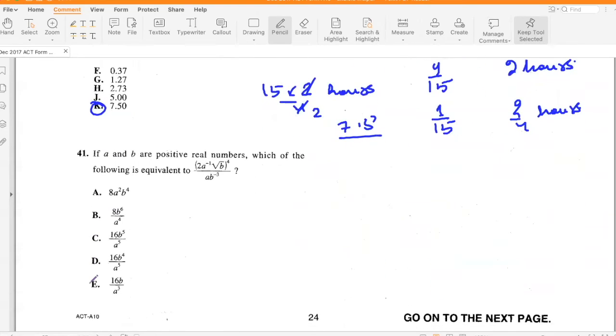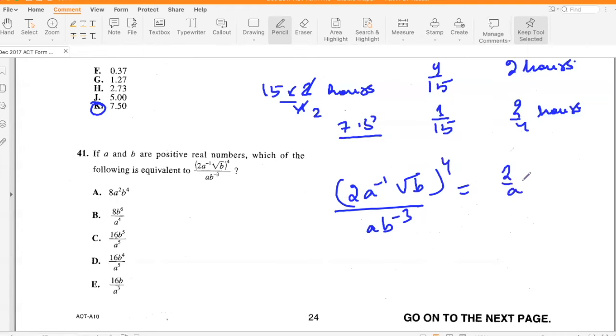If A and B are positive real numbers, which of the following is equivalent to 2A inverse square root of B to the power 4 divided by AB to the power -3? Okay, so this I can write as 2 by A, root B to the power 4, by A by B cube.